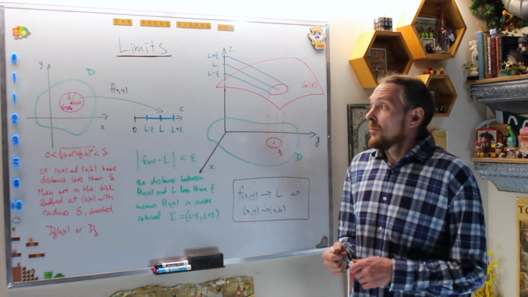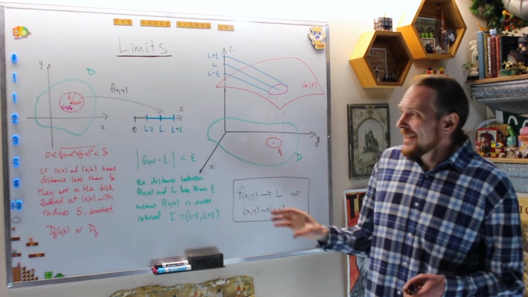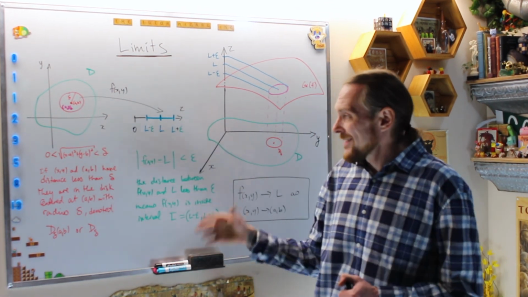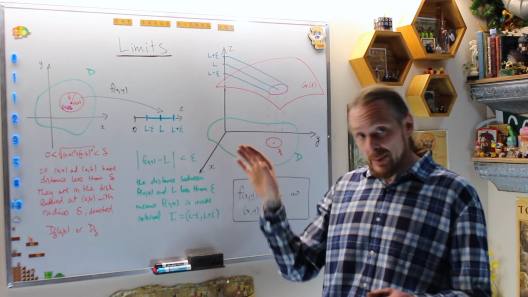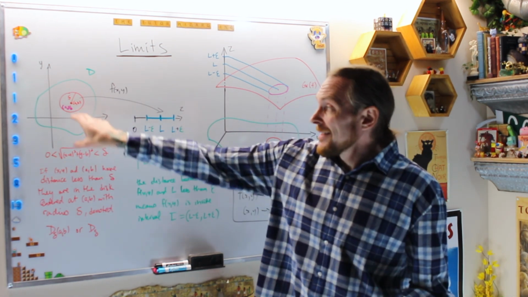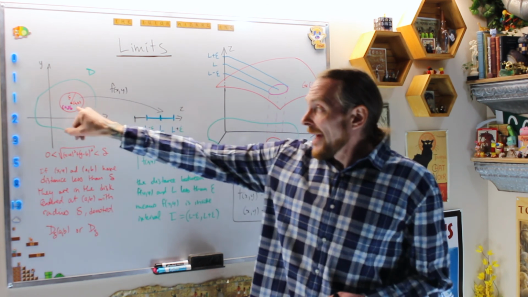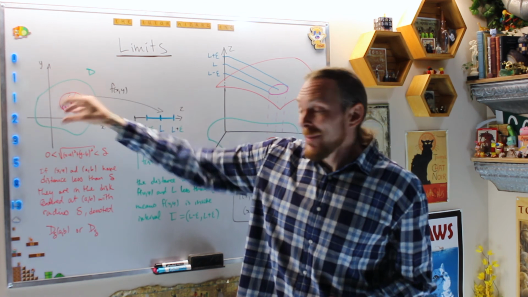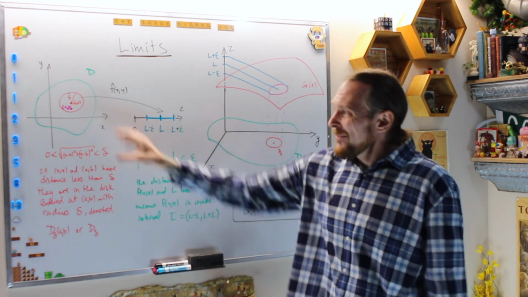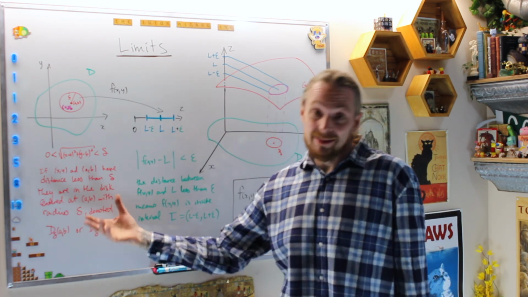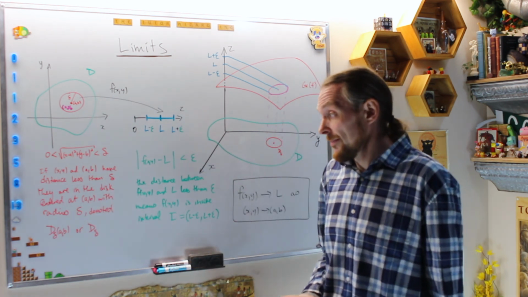Pictorially, looking at the domain first: if the distance between the point (x, y) in the plane and (a, b) is less than delta, that means they're inside this disk of radius delta. We're going to call that D delta for obvious reasons.